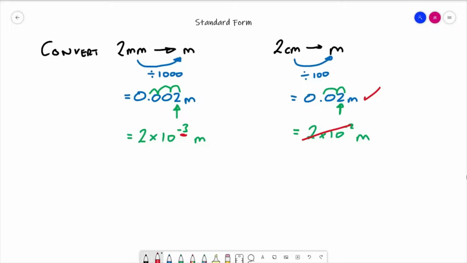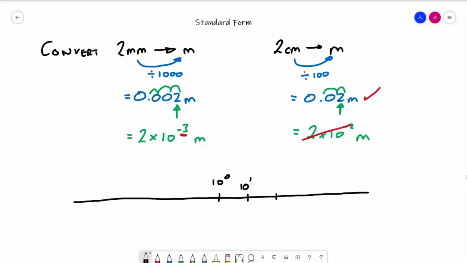So therefore, just to summarise the general rule that we're going to use, if we imagine a number line with powers of 10, so 10 to the 0, 10 to the 1, 10 to the 2, 10 to the 3, 10 to the 4, etc., and going down the other way, 10 to the minus 1, 10 to the minus 2, 10 to the minus 3, and 10 to the minus 4.